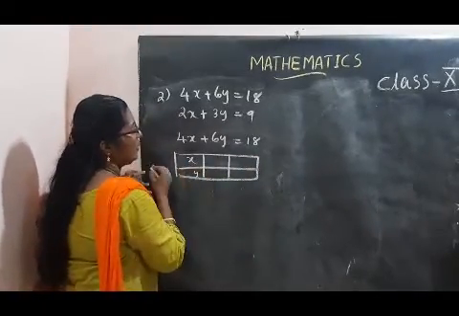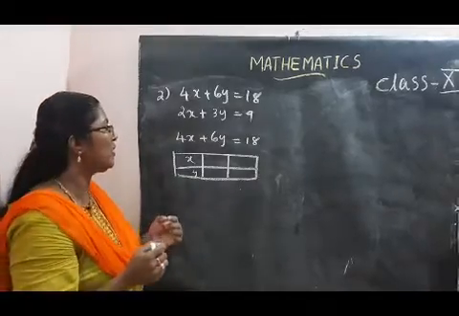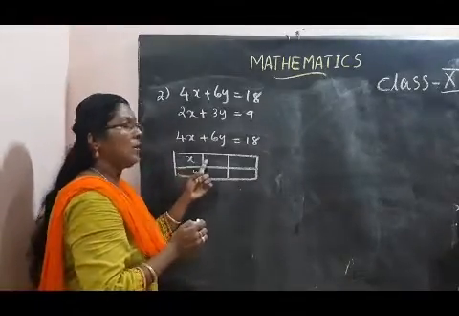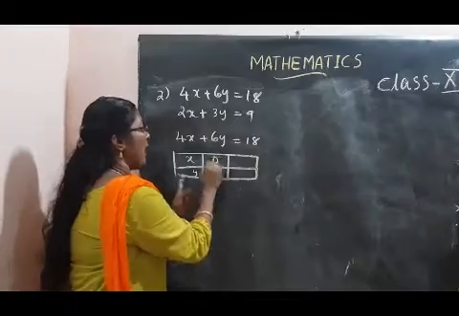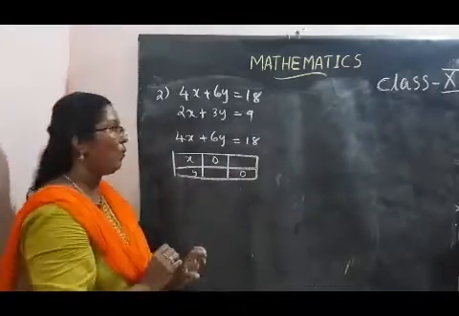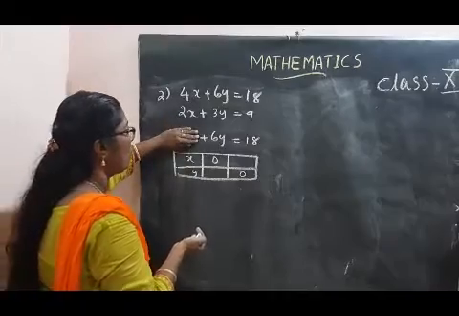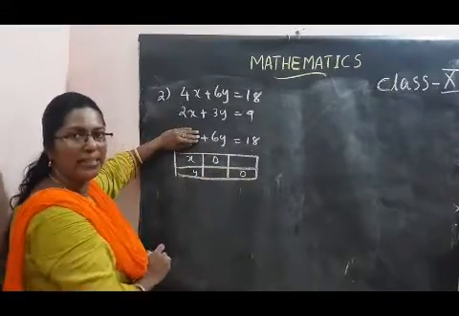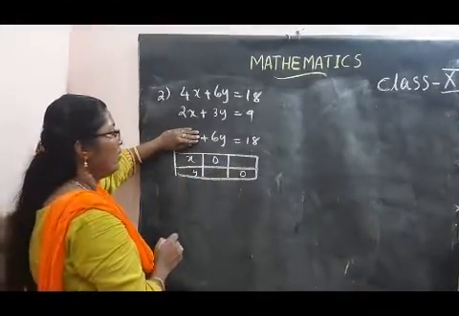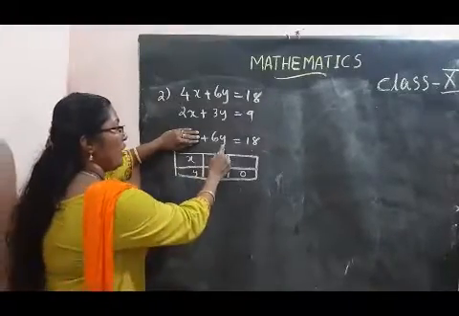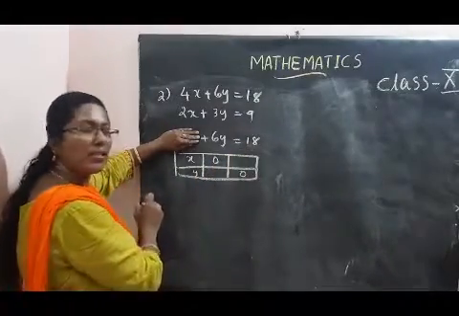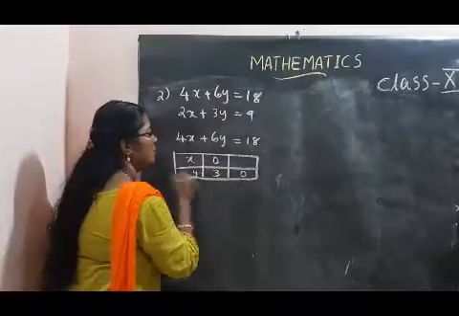For easier calculation, put x equal to 0, then the y value is 0. When we put x equal 0, 6y equal 18. What's the value of y? y equal 18 by 6 equal 3.